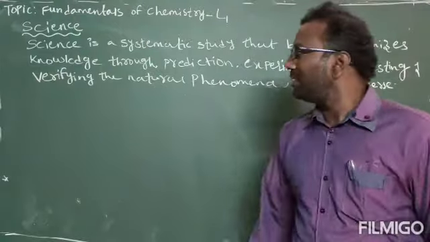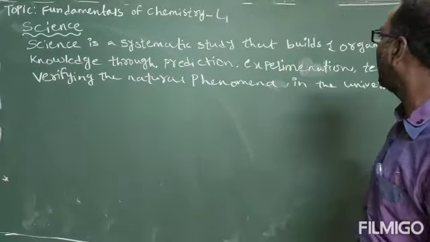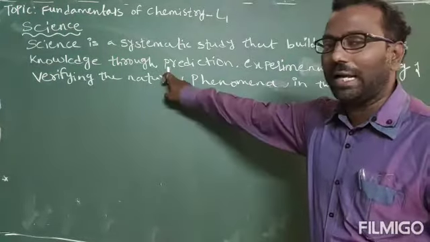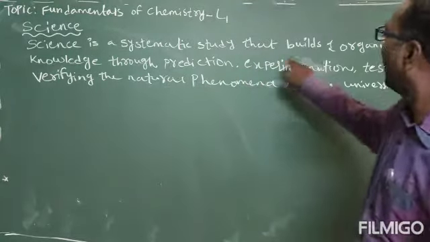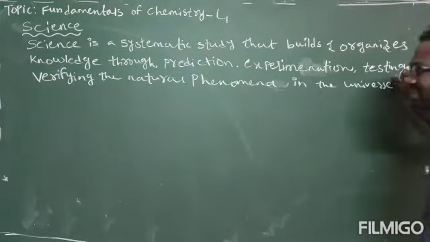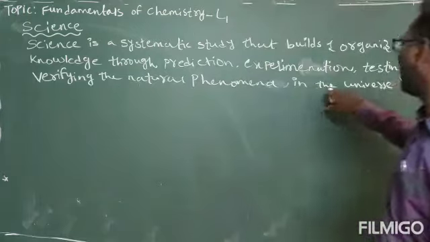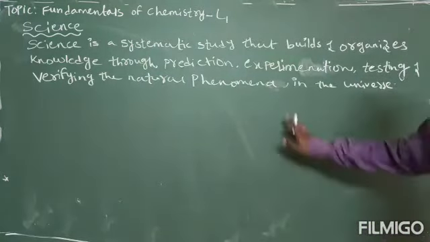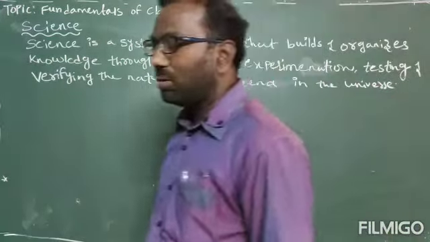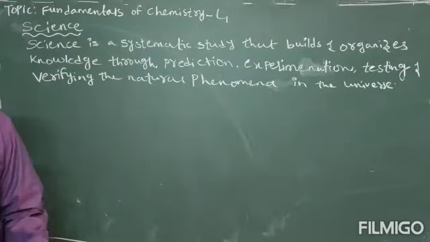See, what is science? Science is a systematic study that builds and organizes knowledge through prediction, experimentation, testing, and verifying the natural phenomena in the universe. Okay? So, this is the basic definition of science.